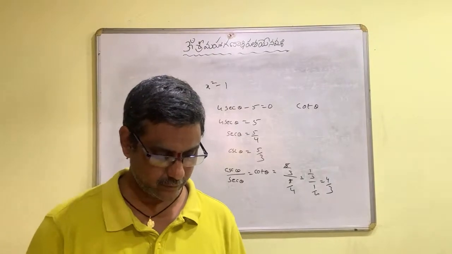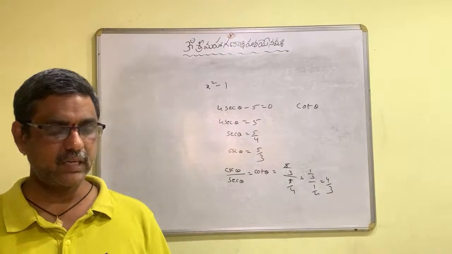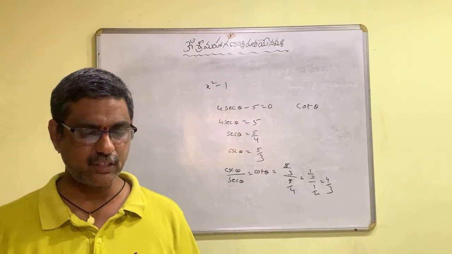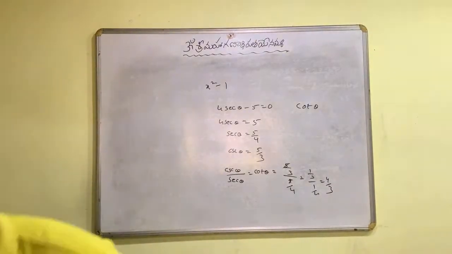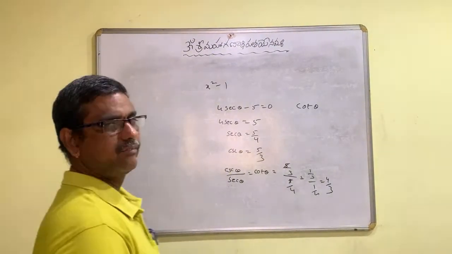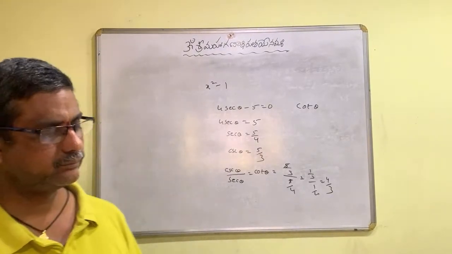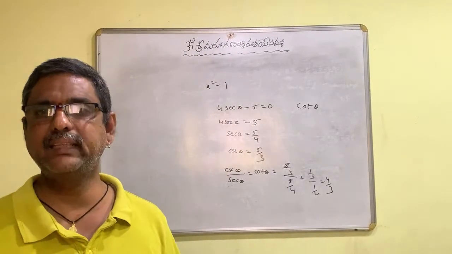Next question. The first term of an AP is P, common difference Q, find the 10th term. It is easy, right? First term P, common difference Q, 10th term.